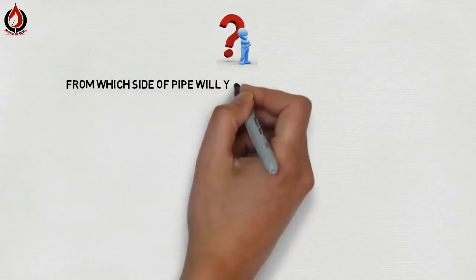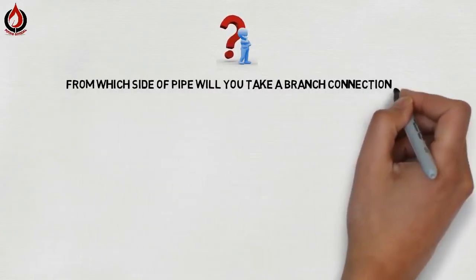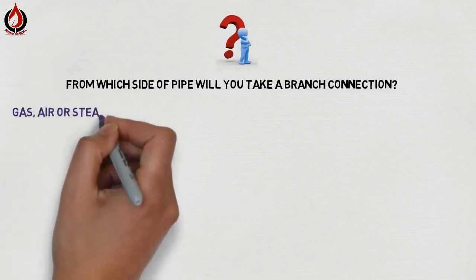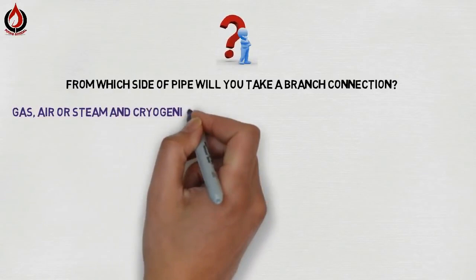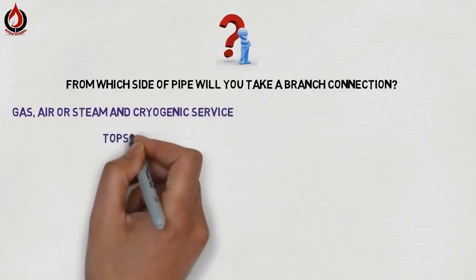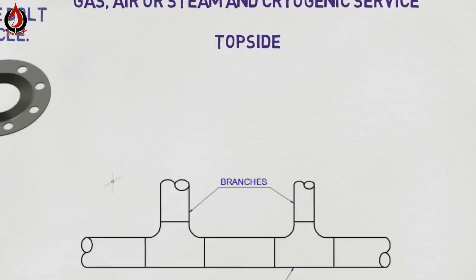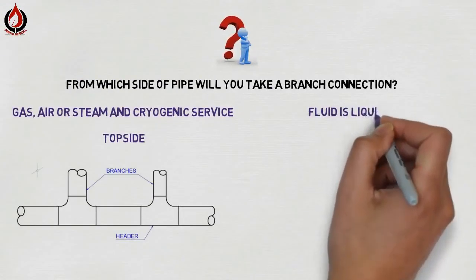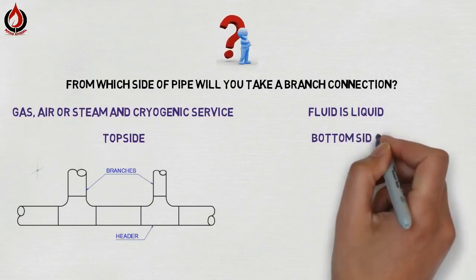From which side of the pipe will you take branch connections? For gas, air or steam and cryogenic service, we can take it from the top side. And when the fluid is liquid, we can take the branch from the bottom side.